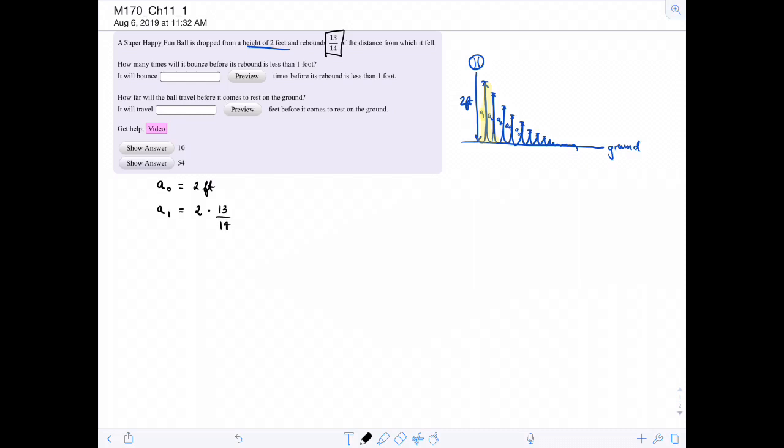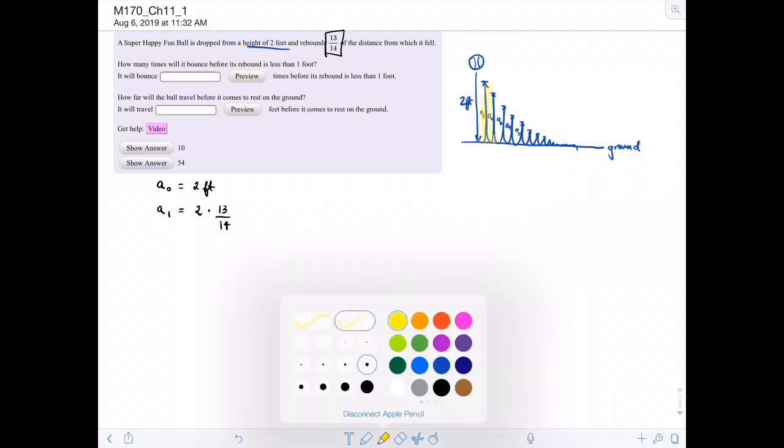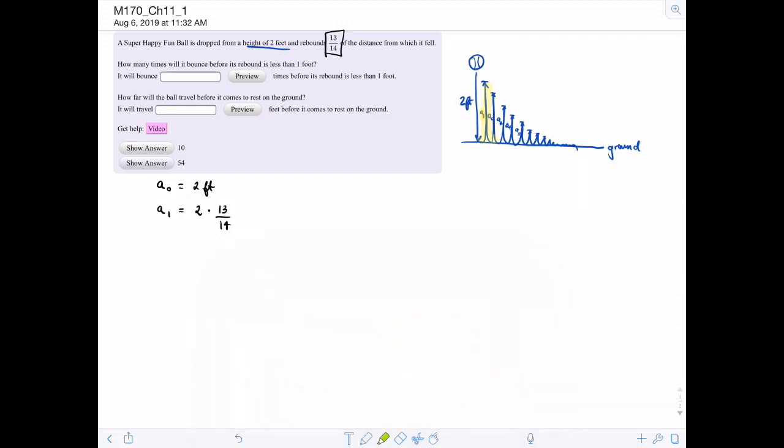So let's look at A sub 2. A sub 2 doesn't take the original 2 feet. It takes the distance it bounced with A1 and then bounces a little less, 13/14 to be specific. So notice that A sub 2 will be whatever A sub 1 bounced times the 13/14.